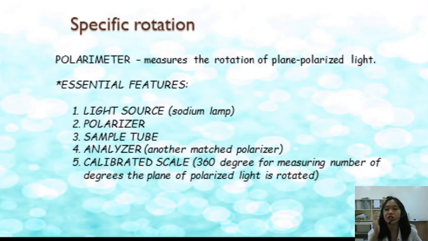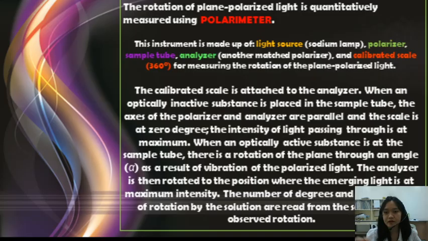Kasi imi-measure niya yung degree kung paano nag-rotate ang plane polarized light in the presence of the substance you are testing. Okay, next. The rotation of plane polarized light is quantitatively measured using a polarimeter.